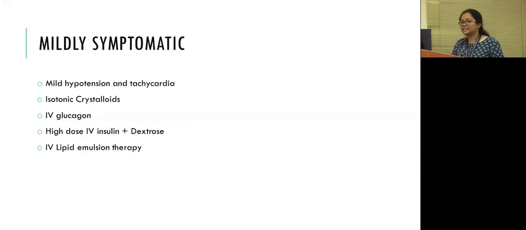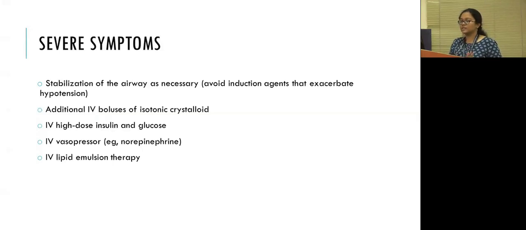If the patient is mildly symptomatic, with hypotension and tachycardia, the mainstay of treatment is isotonic crystalloids, IV glucagon, high dose IV insulin plus dextrose to combat the hyperglycemia, and IV lipid emulsion therapy, because amlodipine is lipid bound and this causes a rapid volume redistribution of amlodipine. In case of severe symptoms, the patient will need stabilization of the airway.